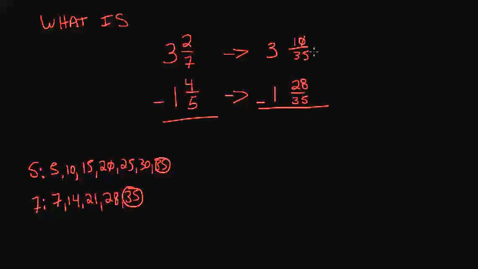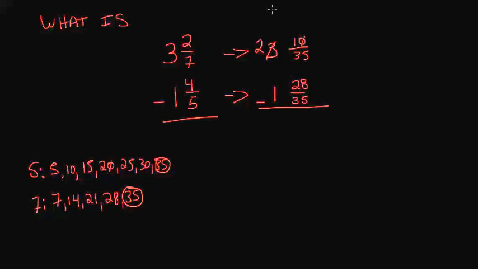So this whole concept of regrouping means that I have to take from another place value and give to the place value that needs it. In this case, this 10 needs more to be able to take away a greater number like 28. So I have to borrow, or regroup, from this 3.